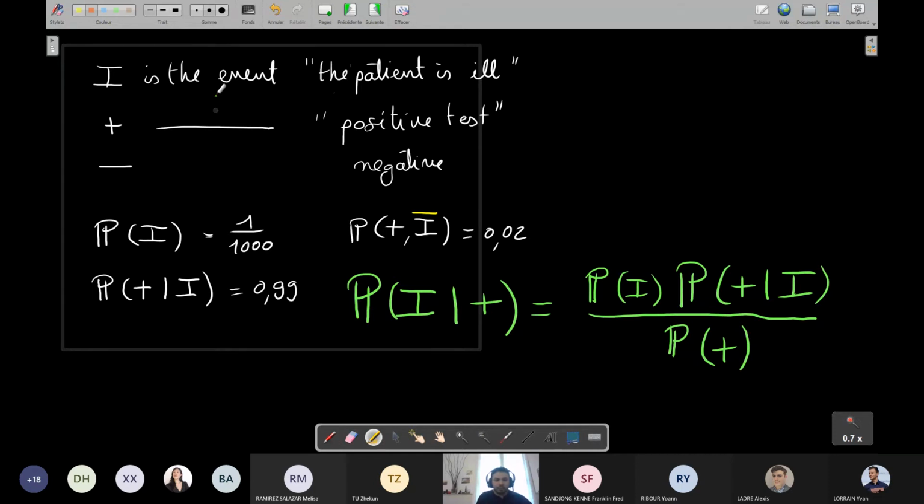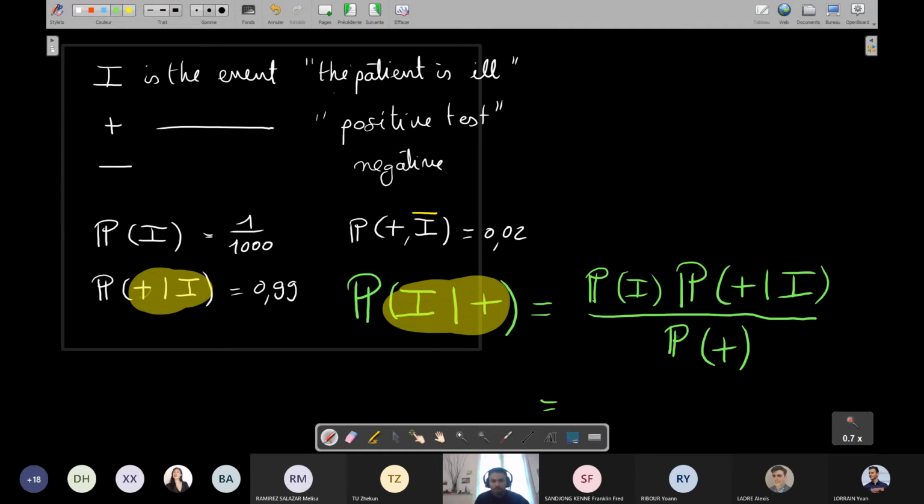Look, here we have this information, but we want the symmetric one. And if you want the symmetric one, you have to think directly to the base formula, the retrodiction base formula.